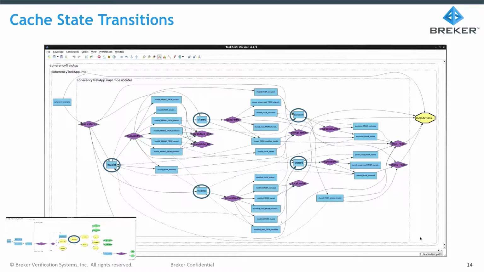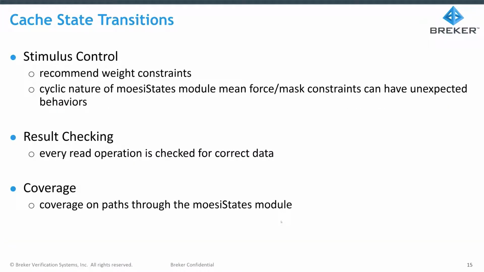The translation of the coherency protocol into a graph is an automated process, and when you look at the graph, you end up with nodes for each state and nodes for each transition. You have reasonable control over biasing which states you want to go after. For result checking, every read will be checked to make sure that it returned the expected data.